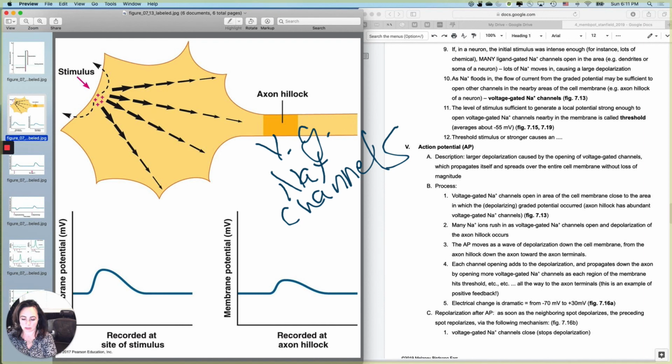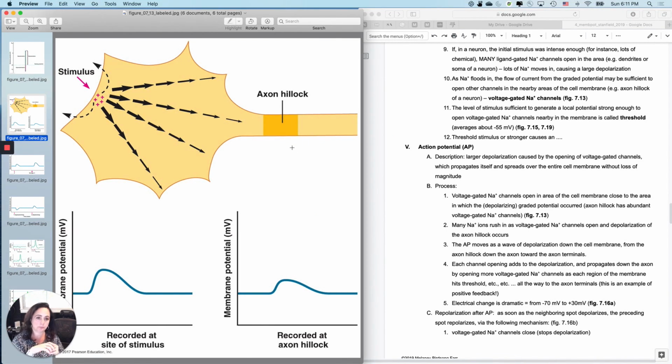The magic voltage for the axon hillock is called threshold, and it averages about minus 55. So if you hit threshold or stimulus, you get a new kind of channel involved.